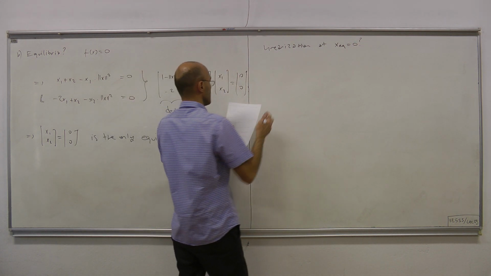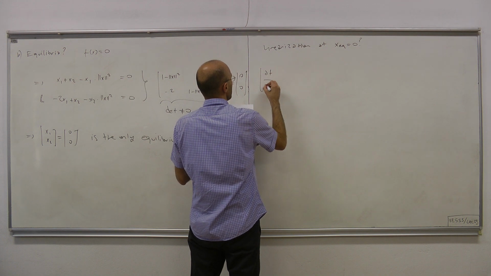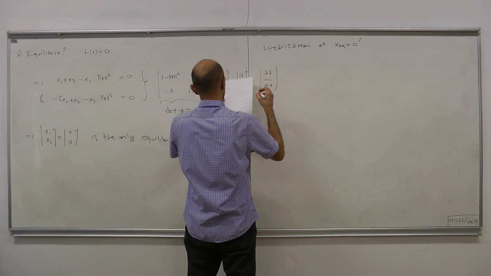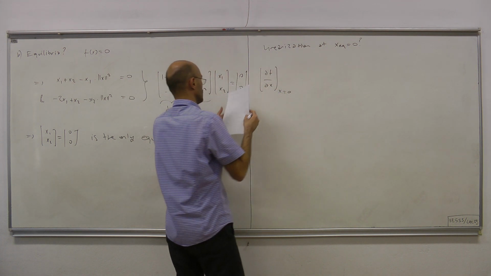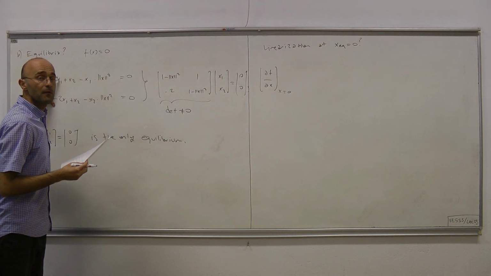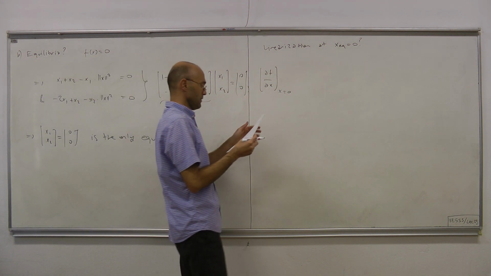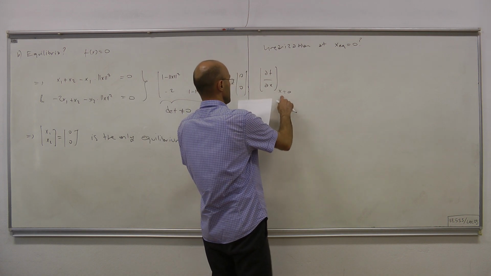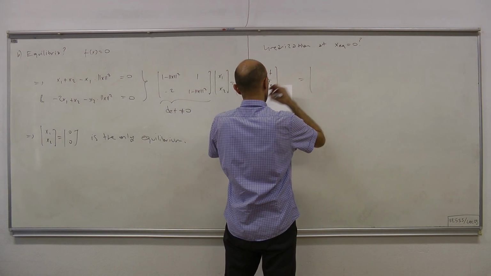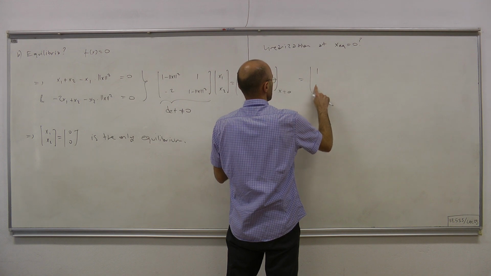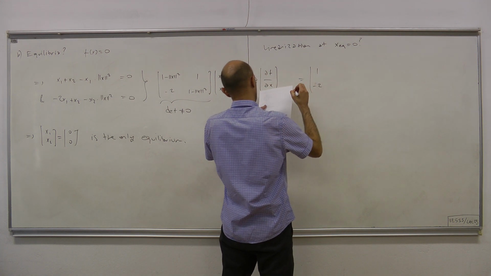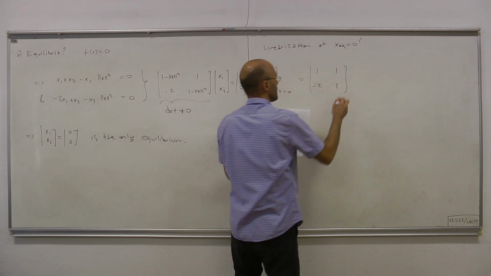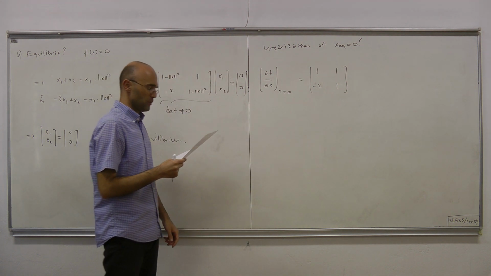Partial f, partial x evaluated at the equilibrium. If you compute that Jacobian at x equals 0, this is what you get. I removed the middle steps, but that's what you obtain.